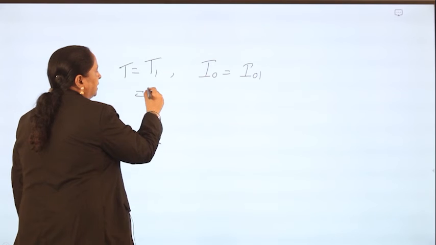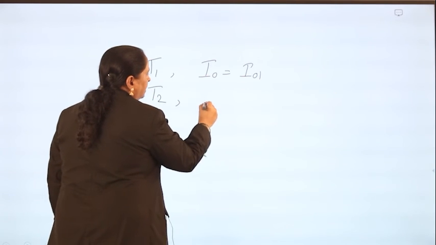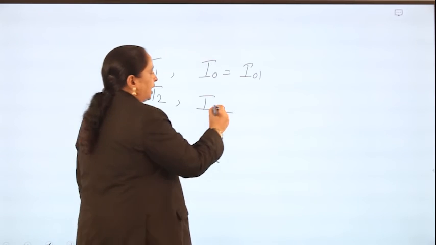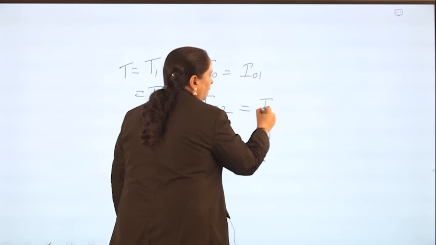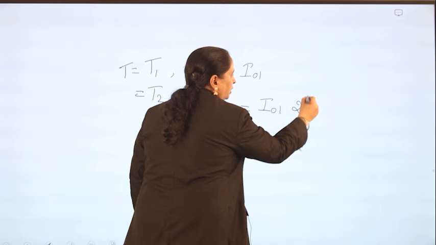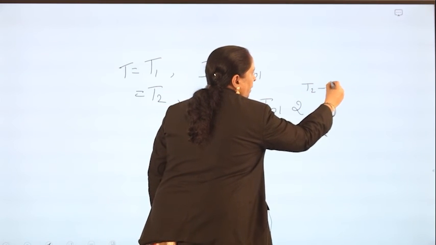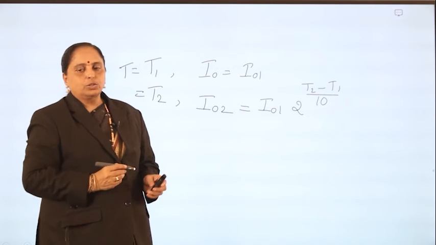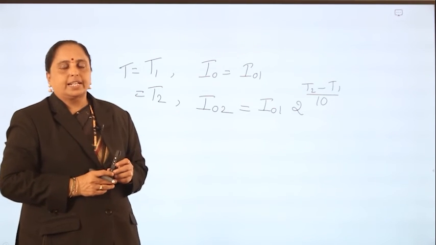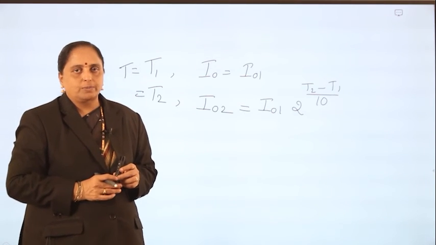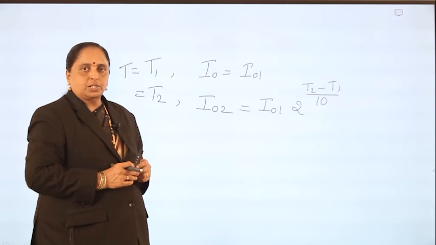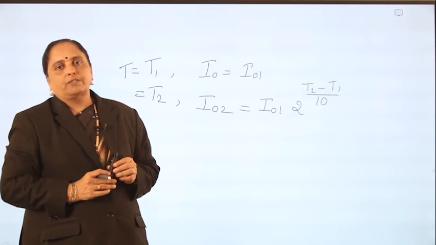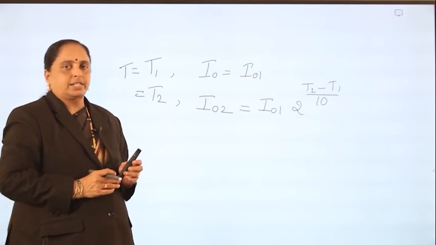If the temperature is increased to T2, the reverse saturation current can be written as I02 equals I01 into 2 to the power of (T2 minus T1) by 10. This is a very useful expression, especially from the GATE examination point of view. More problems will come from this expression. So there is a strong dependency of temperature on the VI characteristics of a PN junction diode.